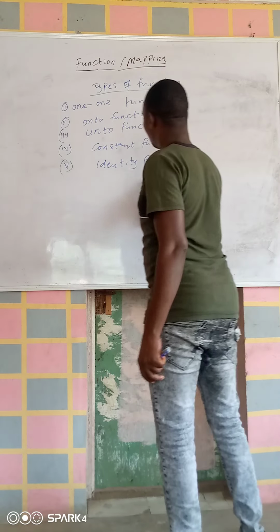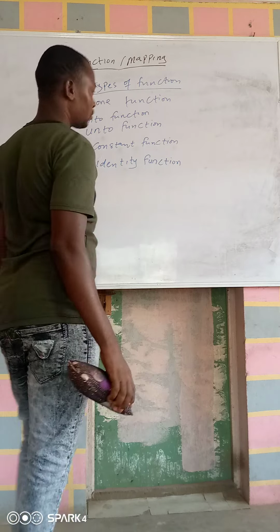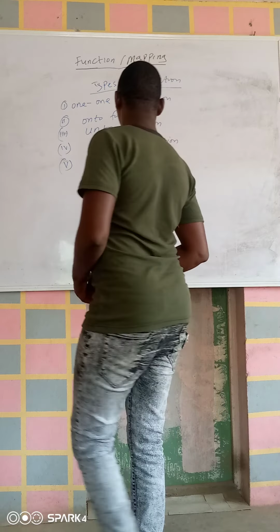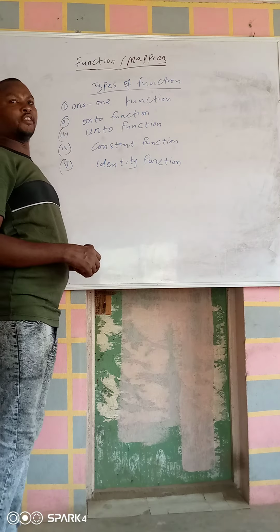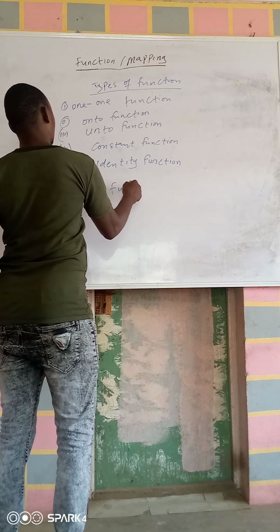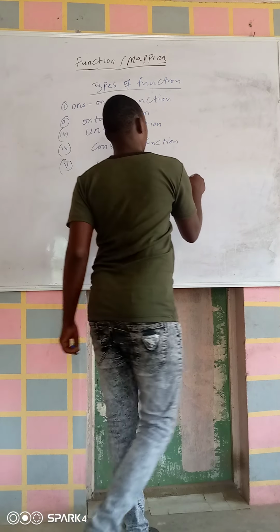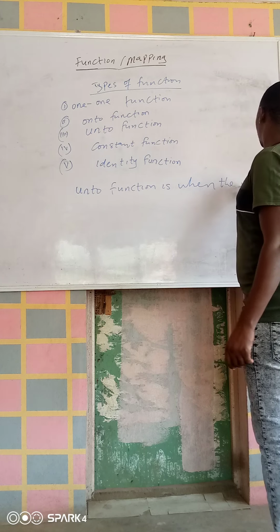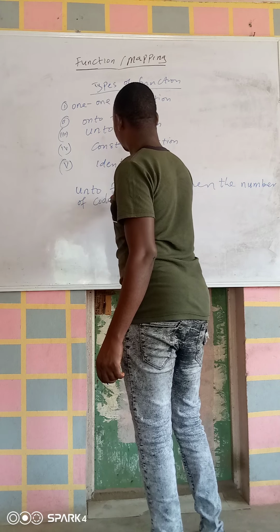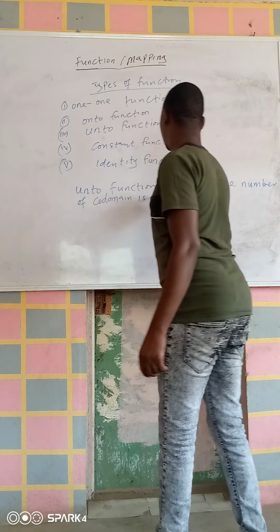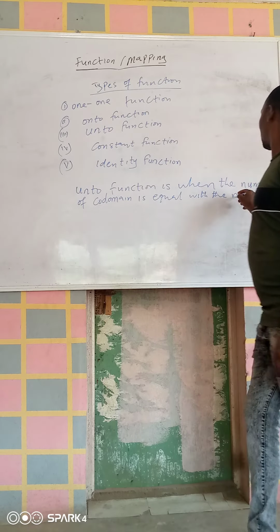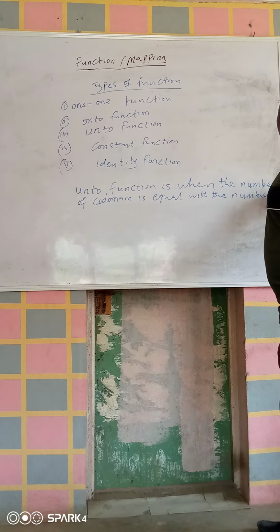So we can also have unto. Unto function is when the number of codomain is equal with the number of domain.